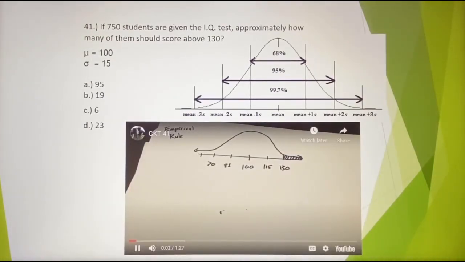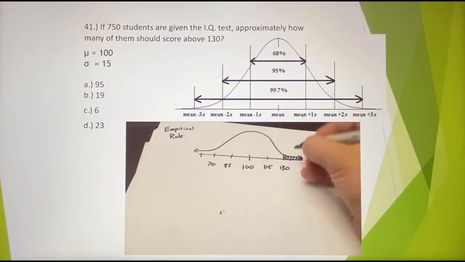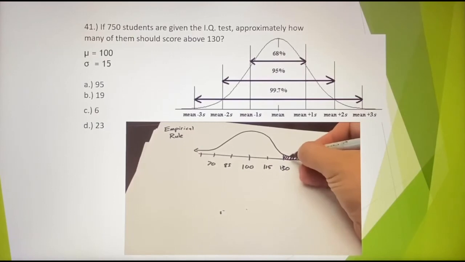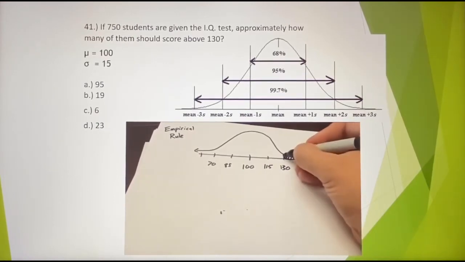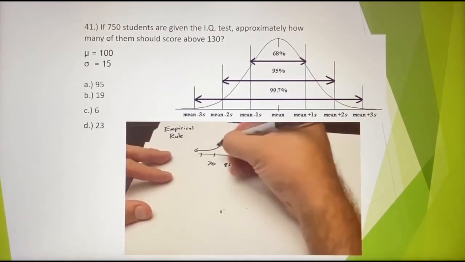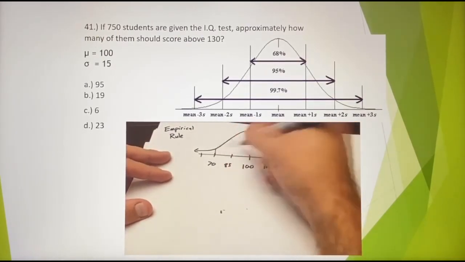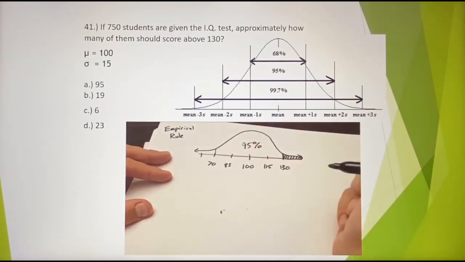Okay, this last problem is kind of a two-part problem. We need to first find the area that is above 130. And so that 130 is our 2 standard deviation mark. So we know from the empirical rule that within 2 standard deviations is going to give us 95% of all of our data.